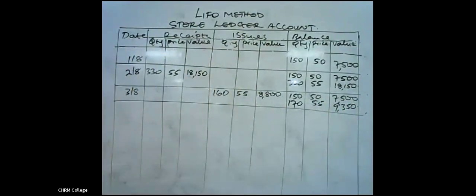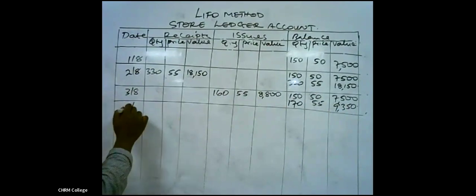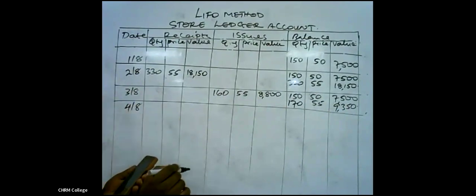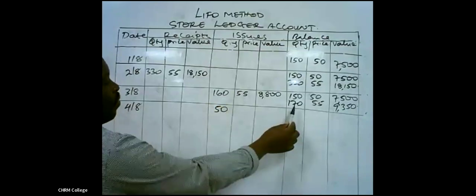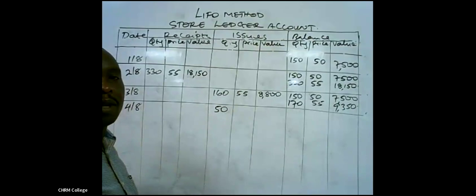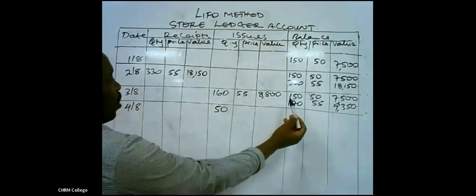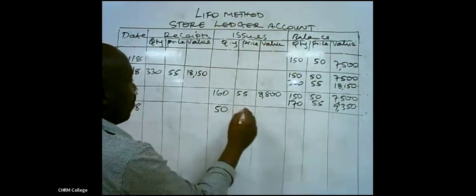That is done. On 4th of August, we issued another 50 units. They will still be issued from this one. That consignment has not been exhausted. So we issue from this one, whose price is 55.